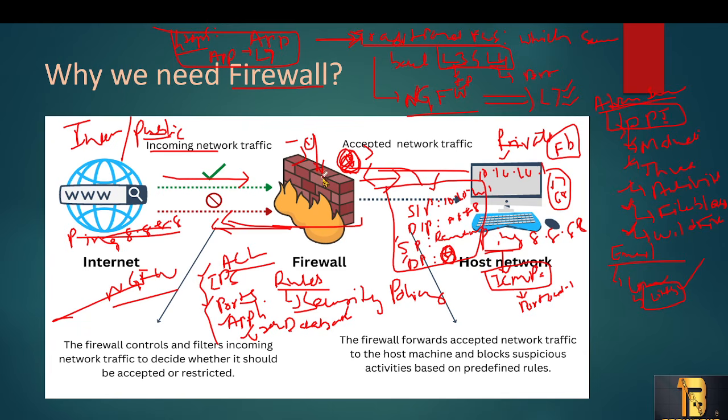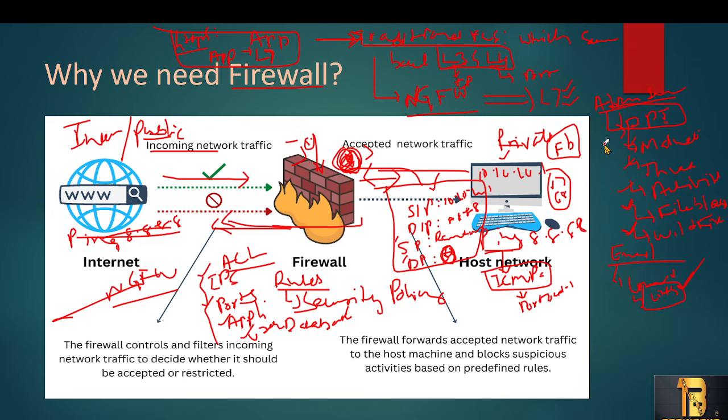In that case also, whenever you click on this link, the traffic reaches the firewall, and the firewall will analyze the link, whether anything suspicious such as a virus is available in it or not. If something is identified, the firewall will block it right there, and will not give access to your systems.